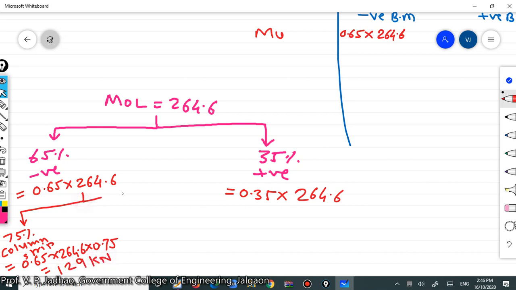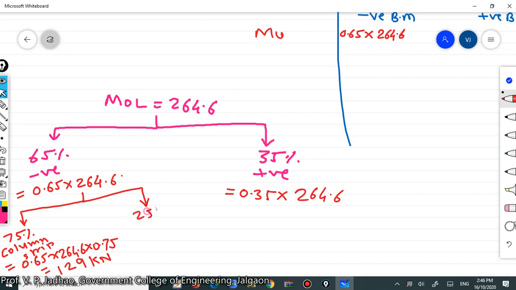And the remaining of the negative bending moment will be taken by the middle strip. Out of this 0.65 into 264.6 kilonewton meter bending moment, 75% is taken by the column strip, and the remaining 25% will be taken by the middle strip.